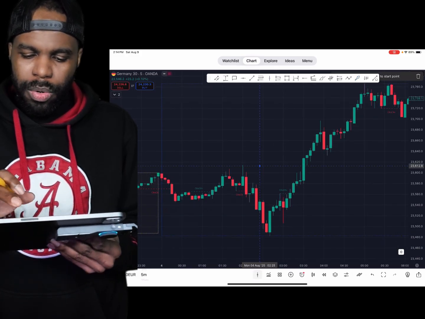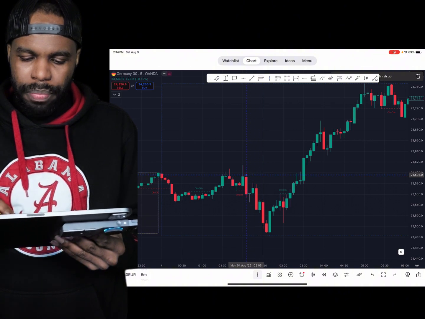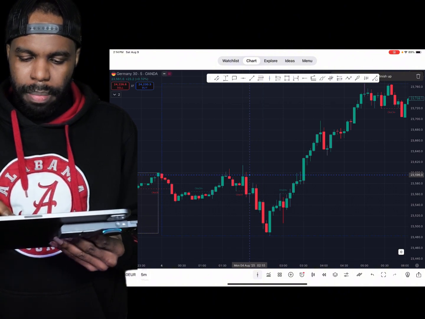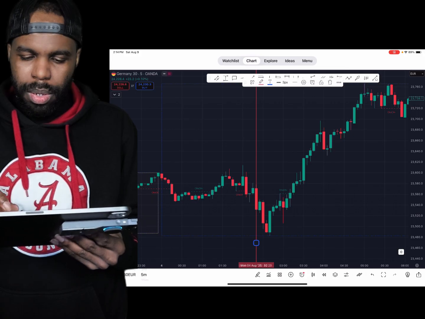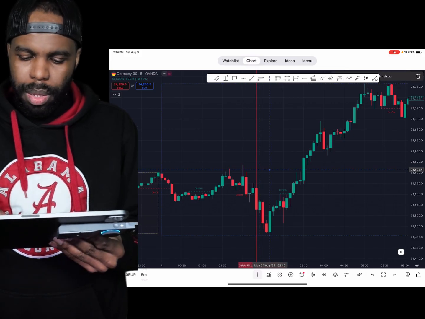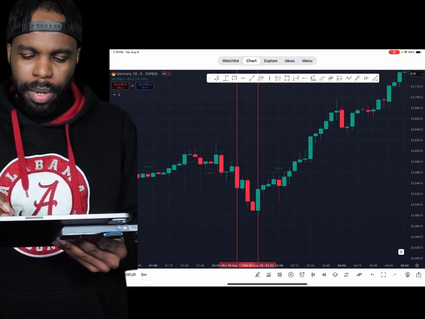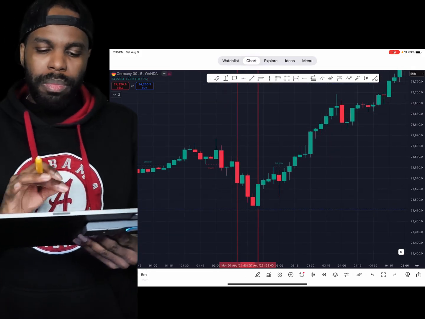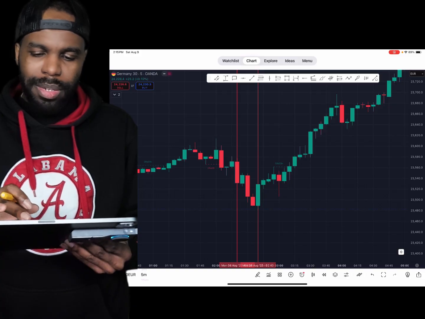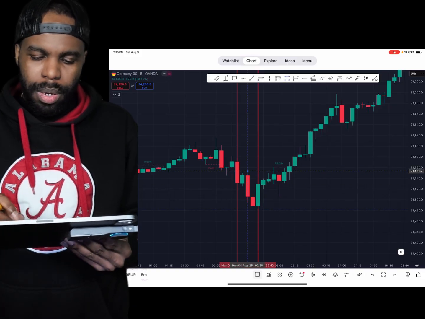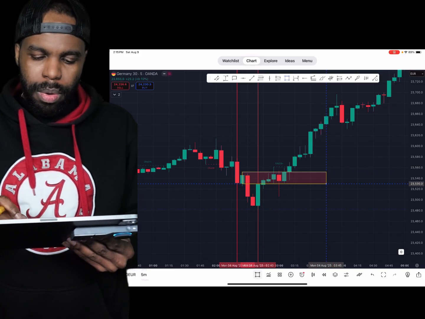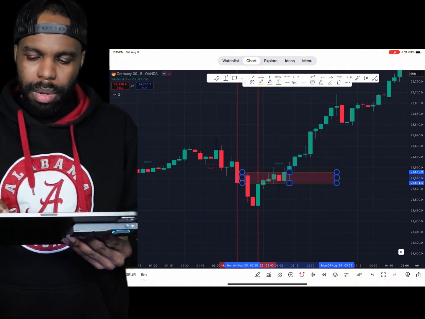And what I can do is go ahead and find my breaker block. I got a low, then I got a low there, and then I'm looking for the highest green candle in between these two vertical lines. I already see it, and there we go. That's going to be my breaker block.